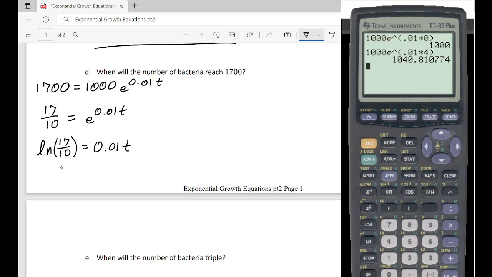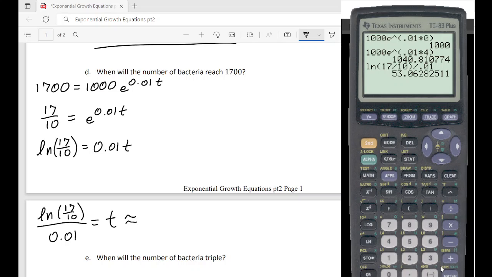And now I divide both sides by 0.01, and I'm going to end up with ln(17/10) divided by 0.01. That'll be my time, but I don't know what that is in time, so I'm going to have the calculator tell me what it is. So ln(17/10) divided by 0.01, and I'm going to get 53.1.